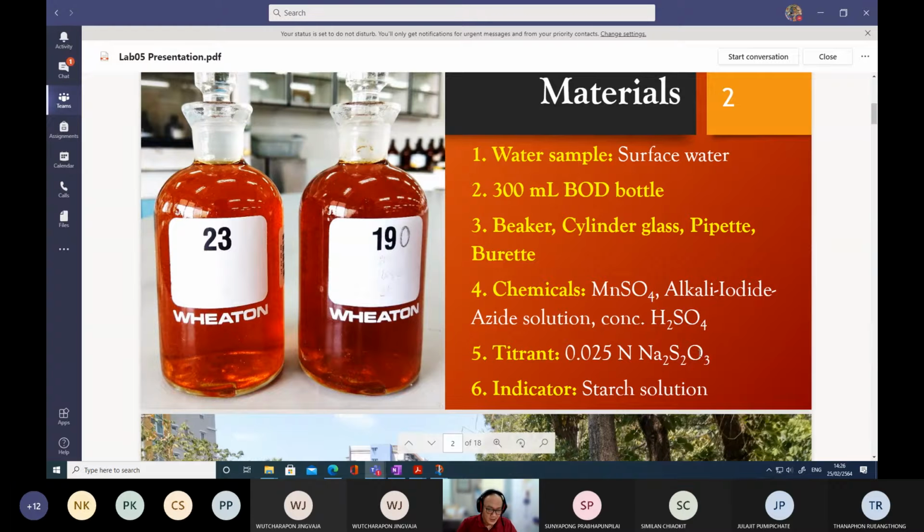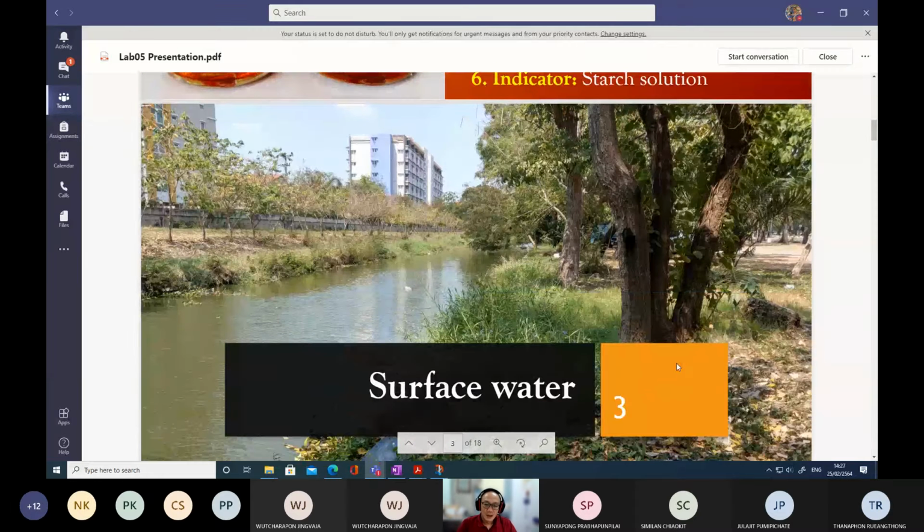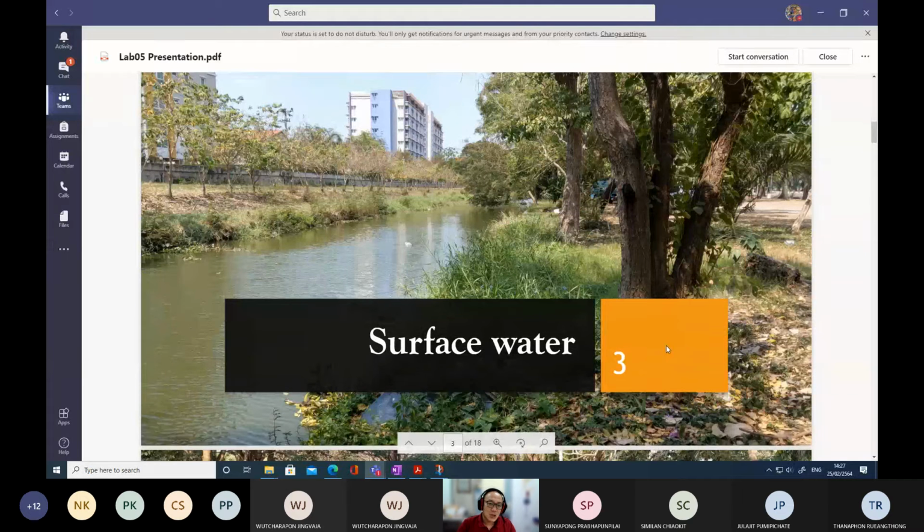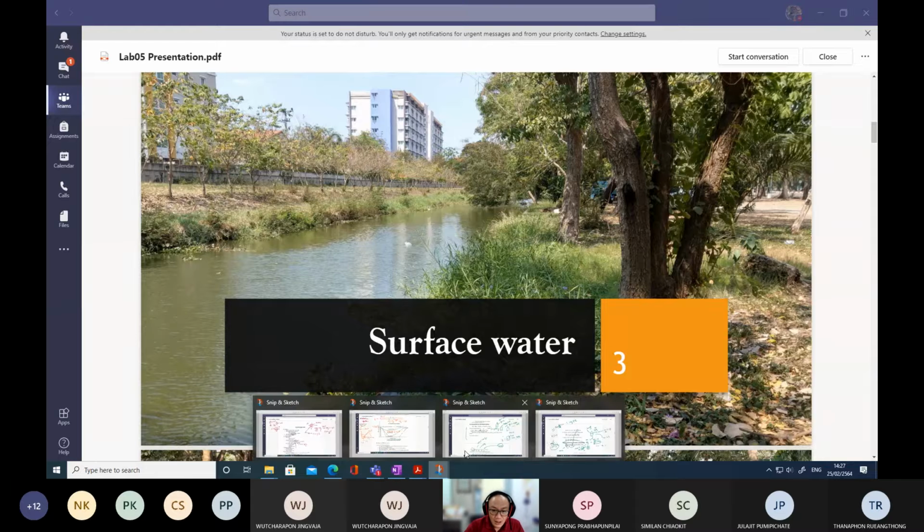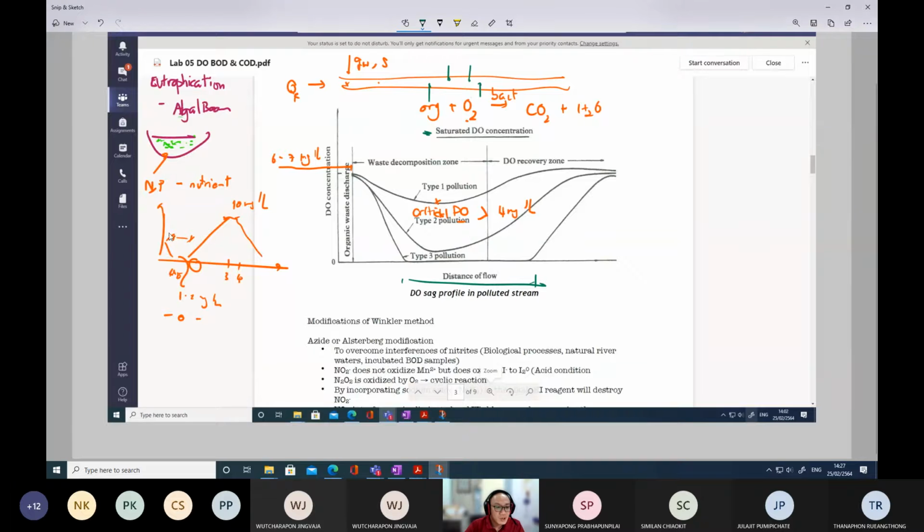The titrant is this one, sodium thiosulfate, 0.025 N. For the indicator, we use starch solution. This is what you are supposed to do in the labs today. You are supposed to measure the diurnal variation. Do you know the diurnal variation? I will assign you to establish this curve. In fact, you would have to establish this curve if we were not in the situation of the COVID outbreak.